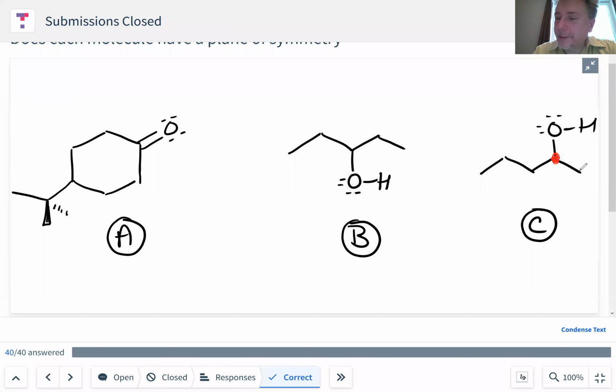If you put it on the first carbon, it's not. And if you put it on the third carbon, it's not. Because if on the end, there would be a plane of symmetry which would bisect the entire molecule. On the third carbon, we've basically got molecule B, where you've got two ethyl, you don't have a carbon which has got 4 different substituents.